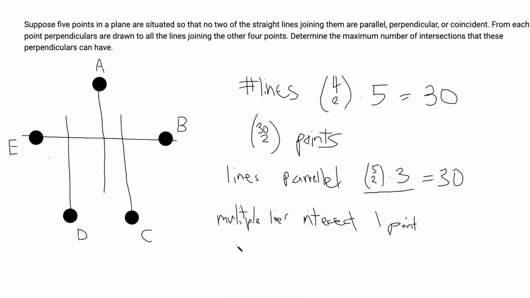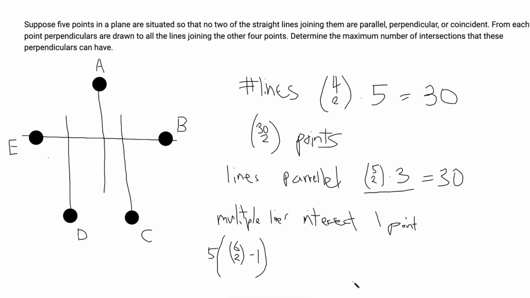Well, 6 lines originally could intersect at 6 choose 2 points. However, they only intersect at 1 point. So we've overcounted 6 choose 2 minus 1. And there are 5 of them total. So that is the number of overcounted points for the vertices.